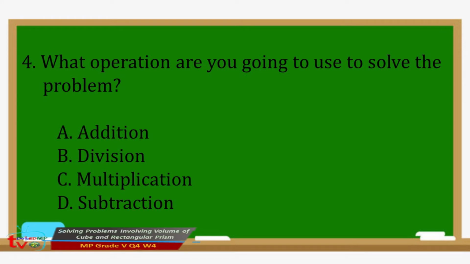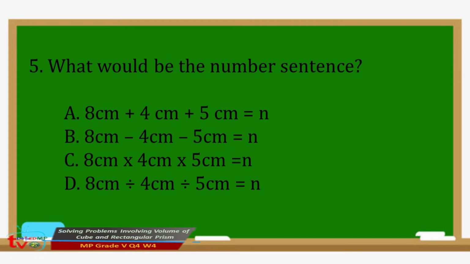Question number 4. What operation are you going to use to solve the problem? A. Addition. B. Division. C. Multiplication. D. Subtraction. Question number 5. What would be the number sentence? A. 8 centimeters plus 4 centimeters plus 5 centimeters equals n.